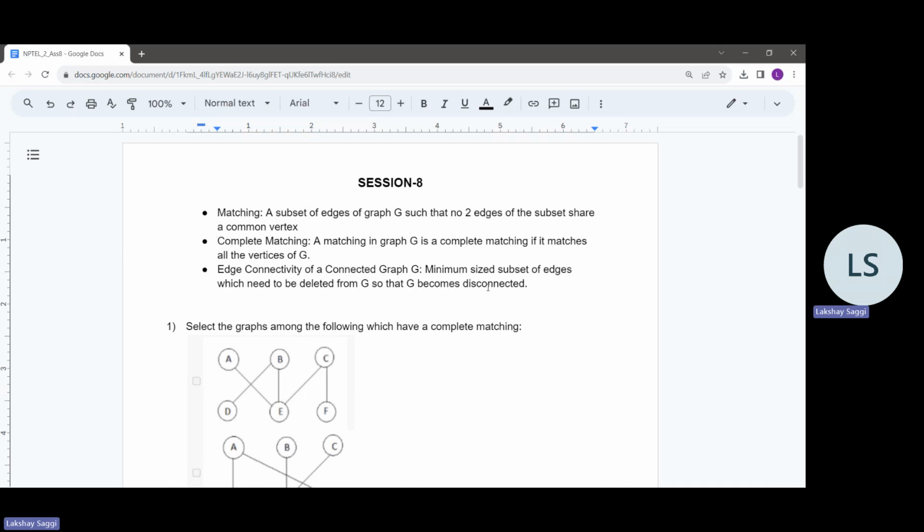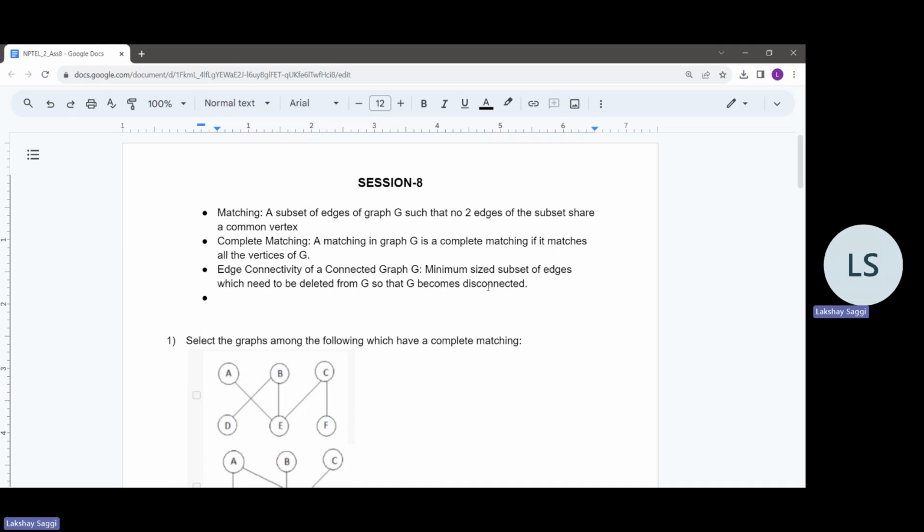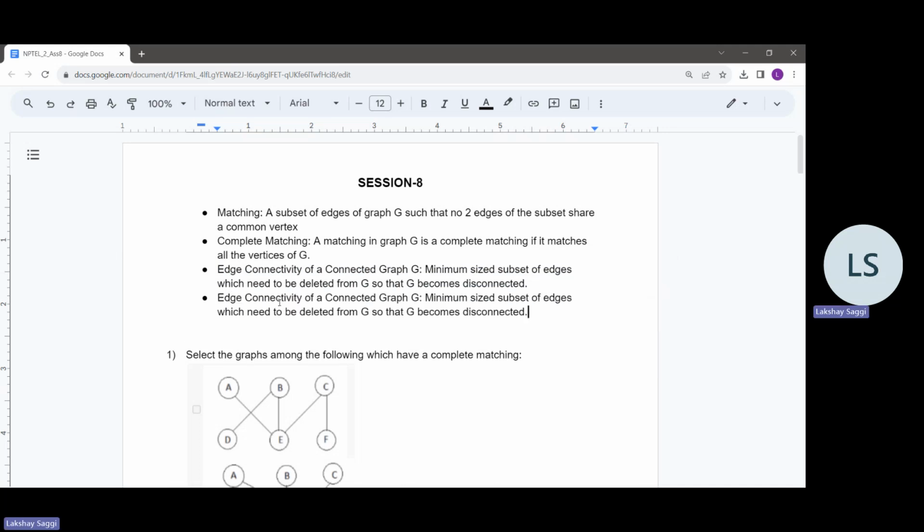Similarly, these connectivity notions are only defined for connected graphs, first of all. Now let's come to vertex connectivity. What's vertex connectivity? It's similar to edge connectivity, just that now, as you can see from the definition, we need to delete vertices.